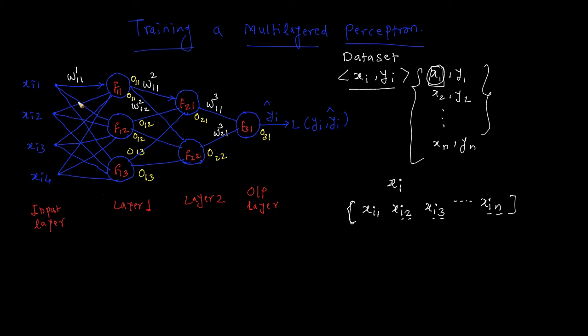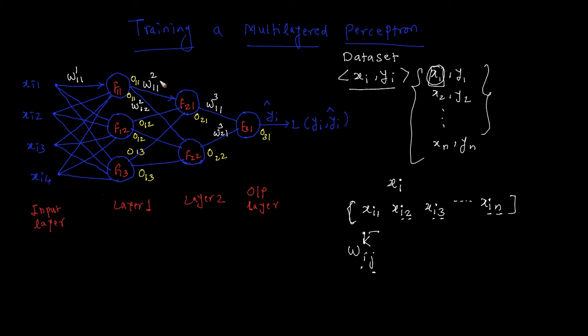Okay, so now let's talk about weights. The weight representation is wkij. That means this weight is going in the kth layer from the ith neuron in the previous layer to the jth neuron in the next layer.